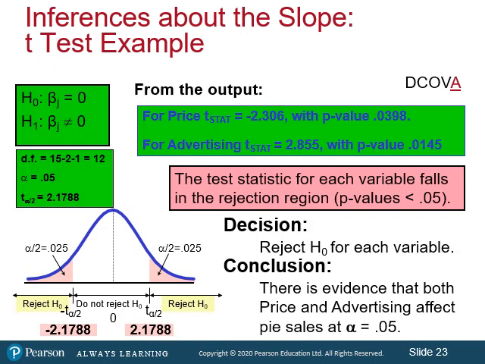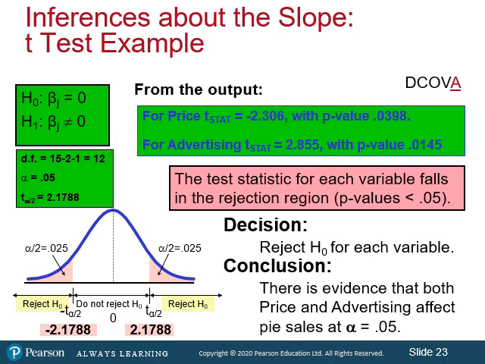This is how you can infer about the slope using the t-test. If we write beta equals 0 and beta not equals to 0, the degrees of freedom is 12. The cutoff value from the table is 2.1788, negative 2.1788 and positive 2.1788. Then we do the calculation using the t values. The results are already given: negative 2.306 and 2.855.